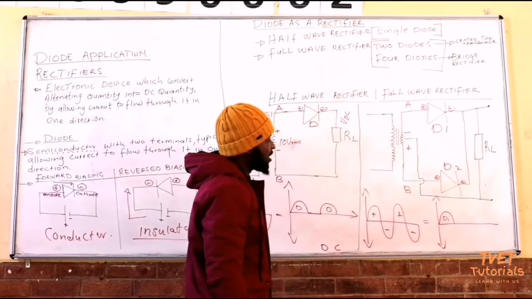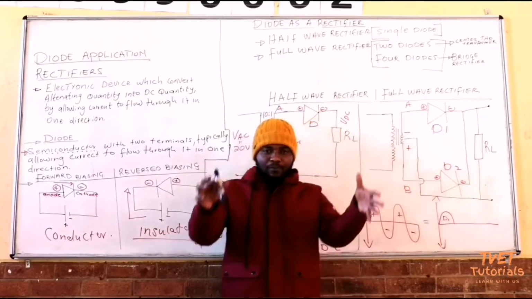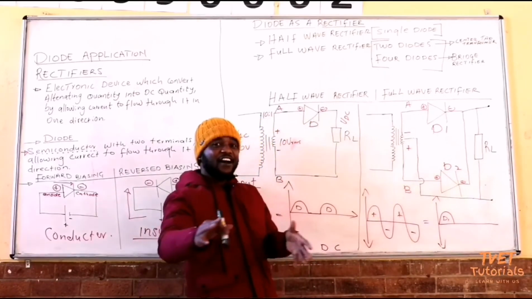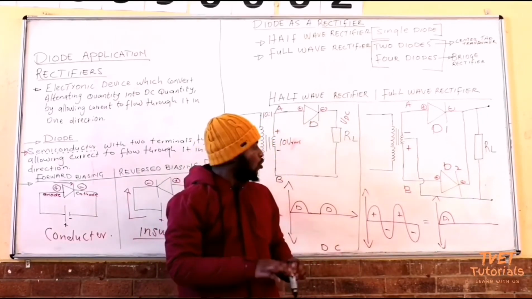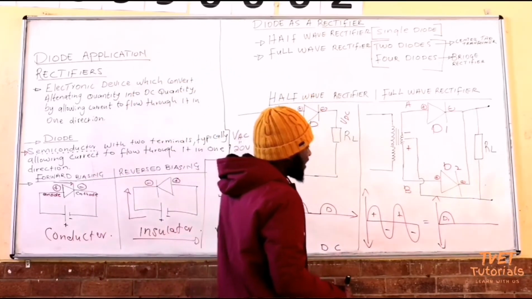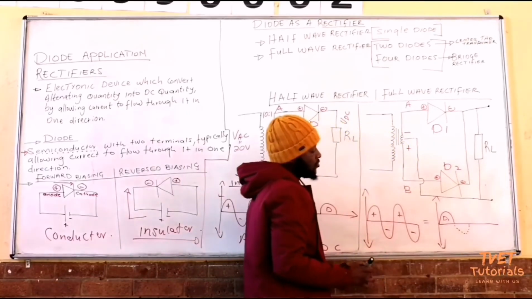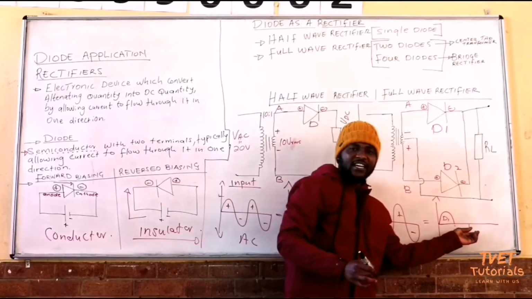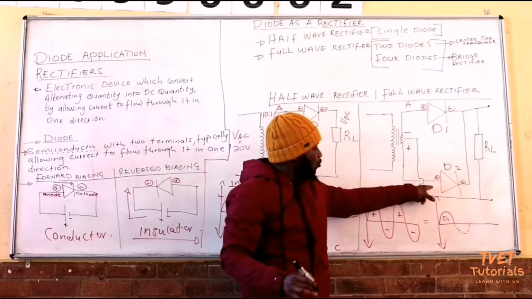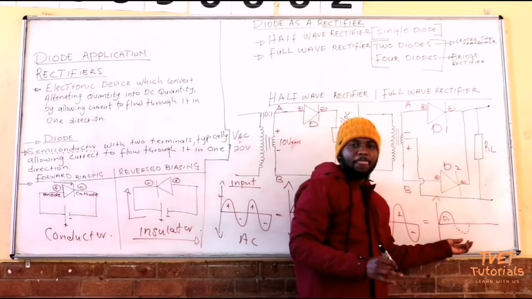D2 operates during the negative half cycle, so you would expect a negative half wave on the negative, generated by D2.